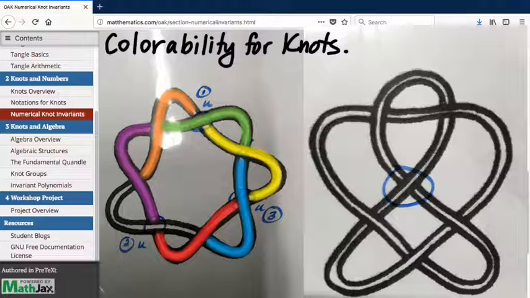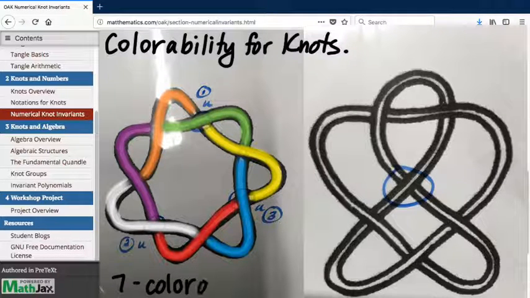Yeah, let's just leave it as white. Sort of whiten it up a little bit. So there's an example of a 1, 2, 3, 4, 5, 6, 7 coloring. So we're going to call that a 7 coloration of this knot. And so we'll say that this knot is 7 colorable, right? Because there's a way of assigning 7 different colors to its 7 different arcs.